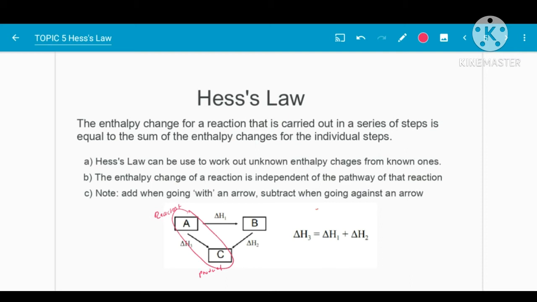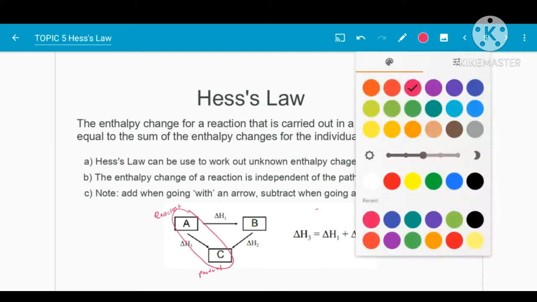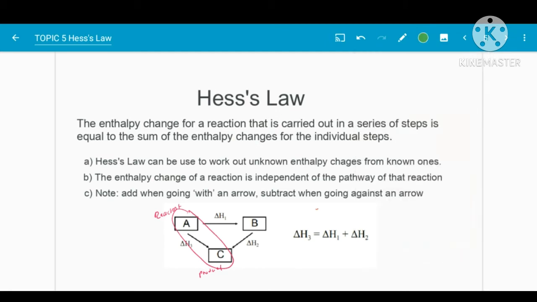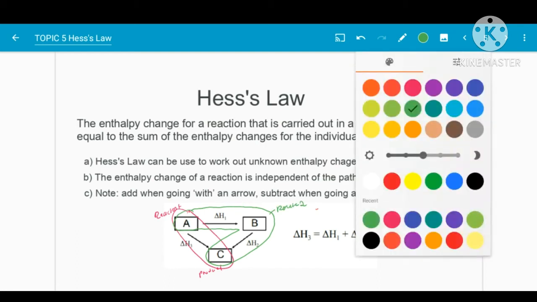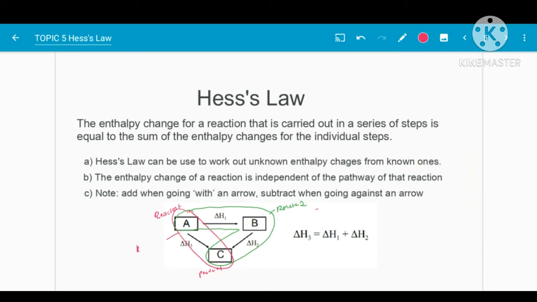And the second route is where, before A forms product C, it forms product B, and then forms product C. This is route 2, and this one is route 1.